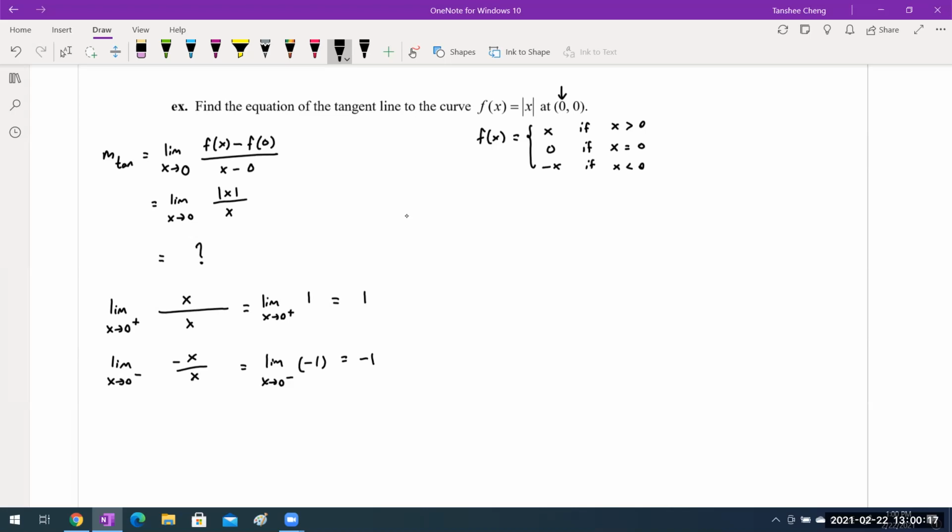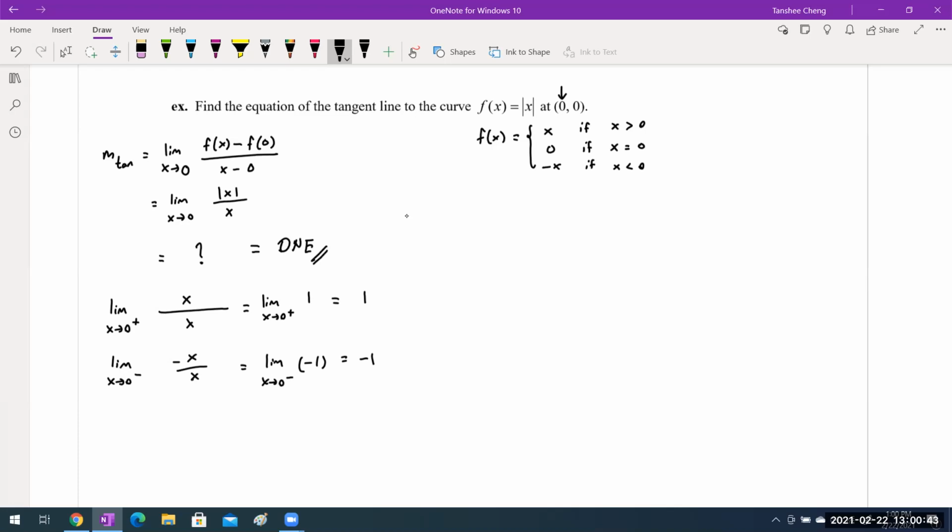And notice that the left-hand side limit and right-hand side limit are not the same. So that tells us this limit is not defined. Now we found out that it's not defined. So when the limit is not defined, it's not infinity like the last case. This one is a limit that's not defined.